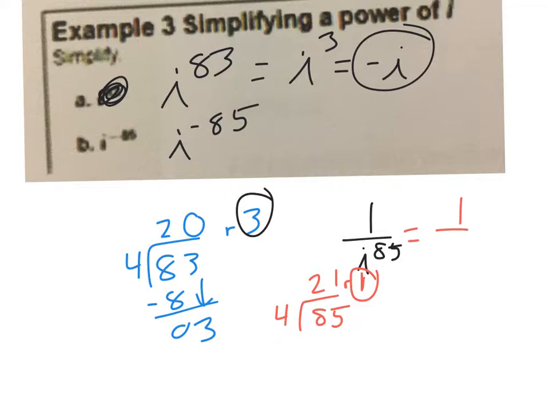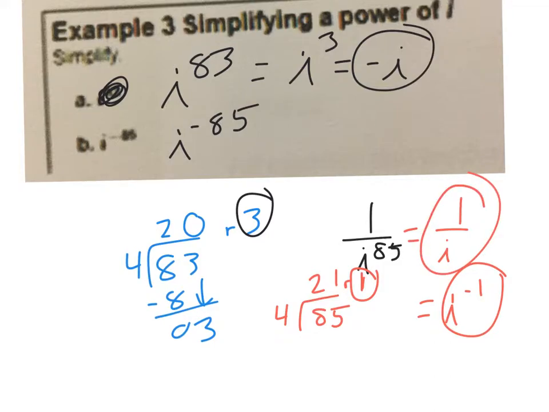If you get 0.5, it's a remainder of 2. 0.75, it's a remainder of 3. Quarters. So this is the same thing as i to the first power, so we could rewrite this as 1 over i, or i to the negative first. They're the same thing.